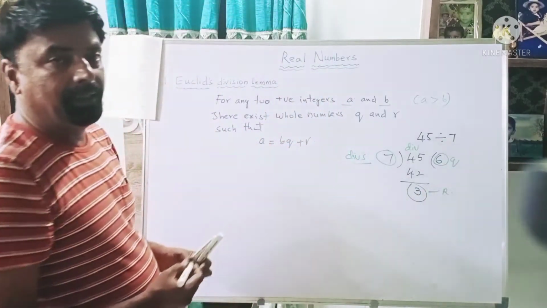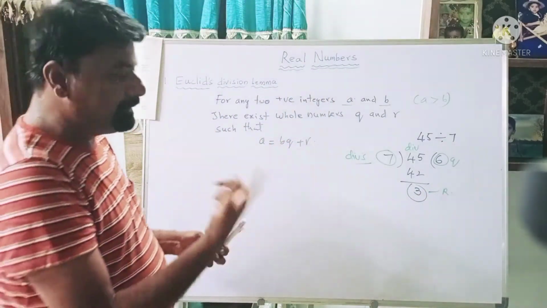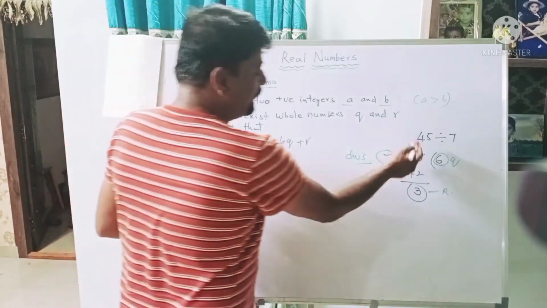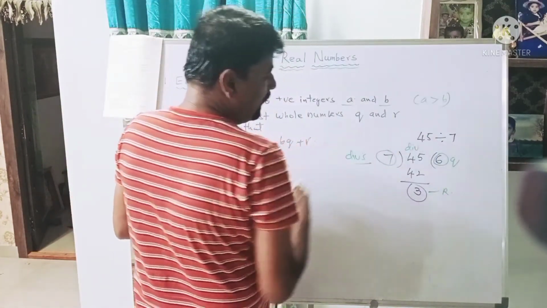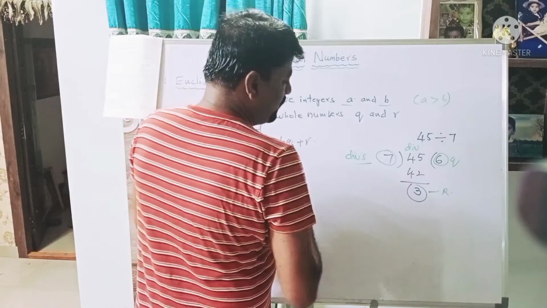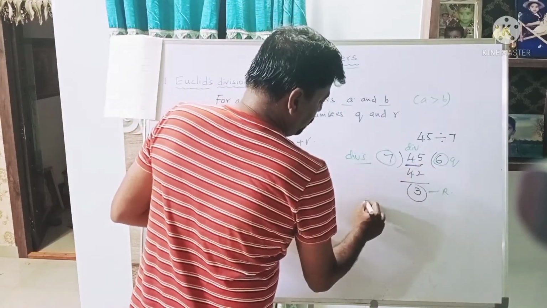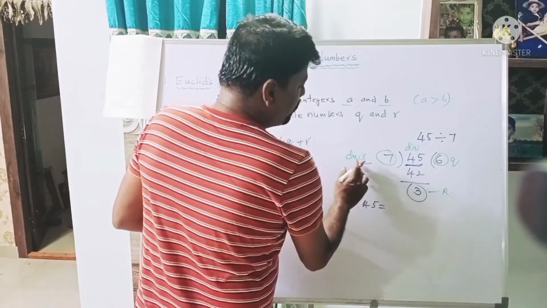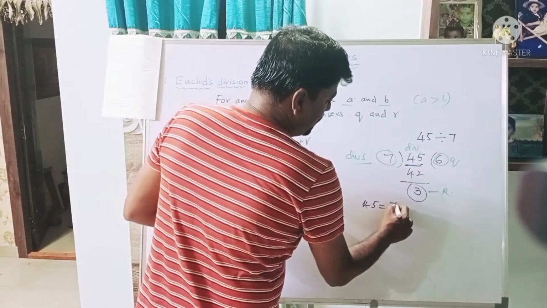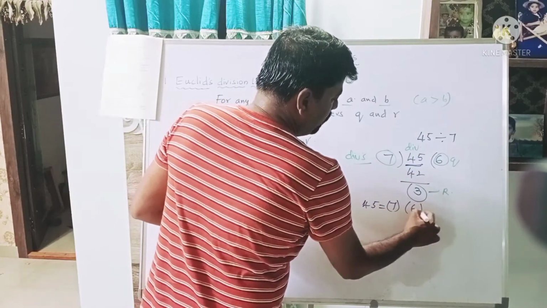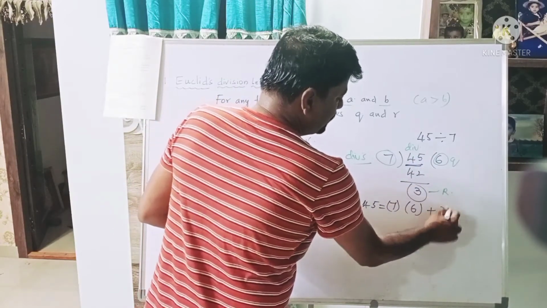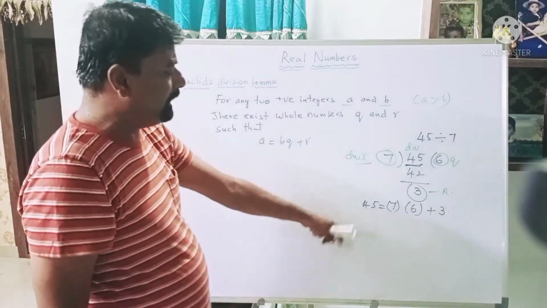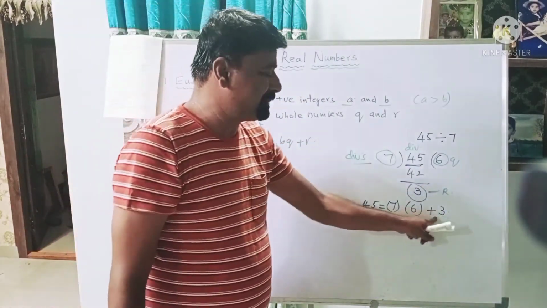So in 6th class, the division algorithm is: 45 is equal to divisor into quotient, 7 into 6, plus the remainder, which is 3. Here 45 is equal to 7 into 6 plus 3.